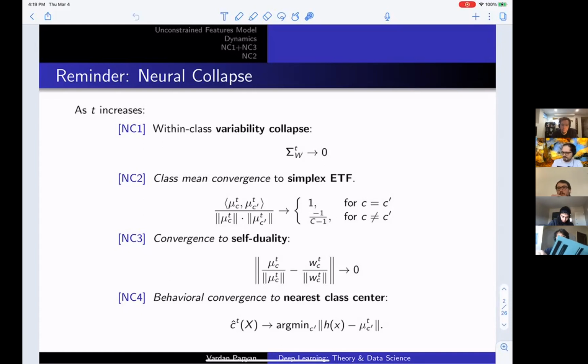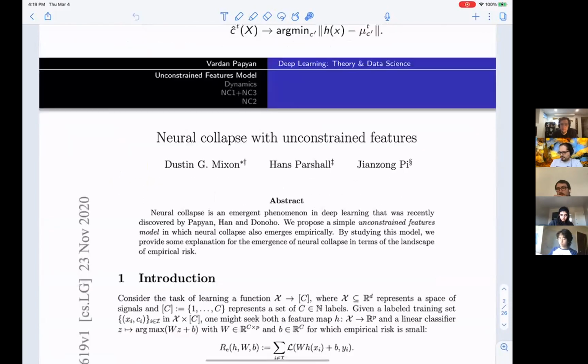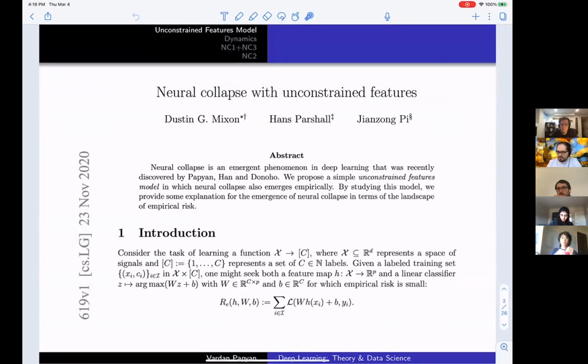I think I've mentioned this many times at this point, so I'll just skip to the point. Today we're going to discuss a paper called Neural Collapse with Unconstrained Features. This is by Mixon, Parshall, and Pai. I believe you actually pronounce this P, but I like Pi better for some reason. They say neural collapse is an emergent phenomenon in deep learning that was recently discovered.